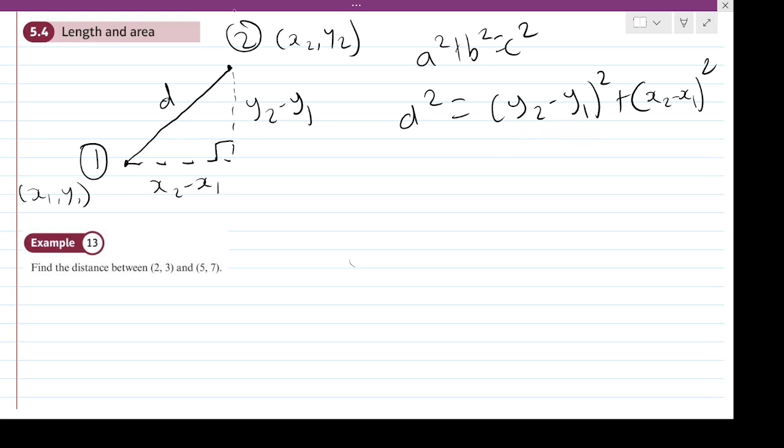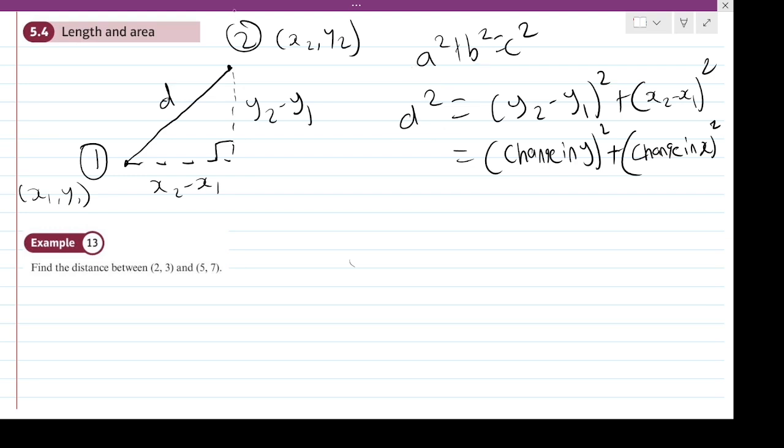So I could formulate this as change in y all squared plus change in x all squared. Okay, if I do the change in y between the two coordinates and the change in x of the two coordinates and square both of them, because it's a squared and b squared, I get the distance squared between the points.